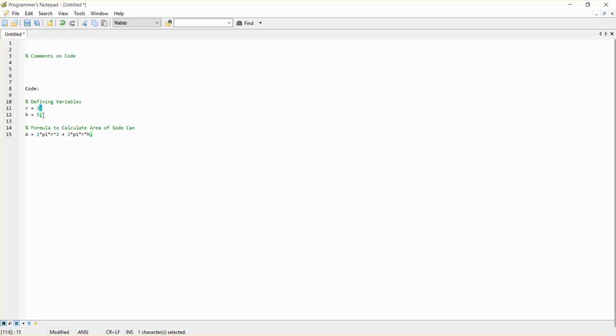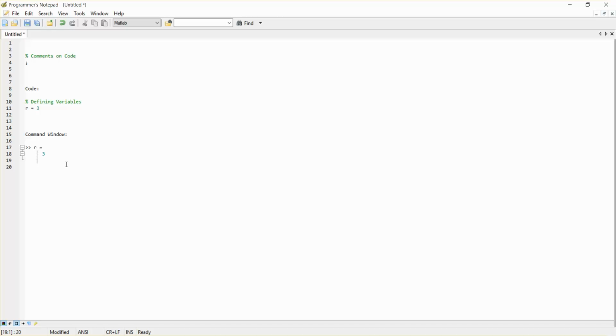When I was putting these things here, if you're wondering what they are, these semicolons in MATLAB are used to hide variables when you're running programs. If you have something like this in a script without the semicolon, in the command window you'll get something that looks like r is equal to 3.